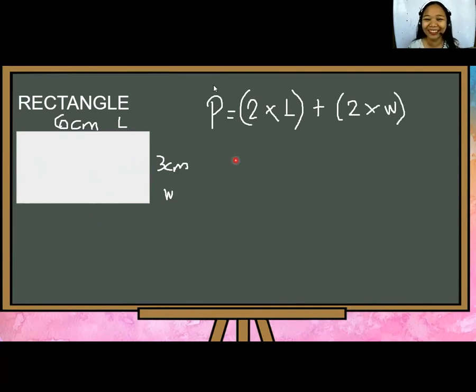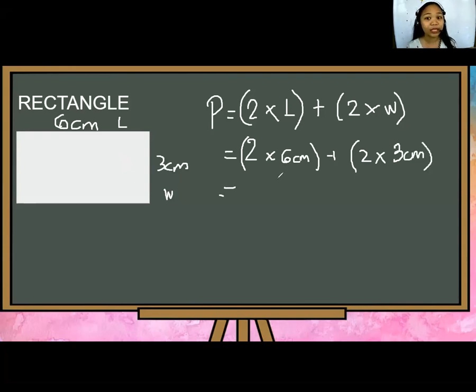Let's continue. So we have 2 times L or length. That is 2 times 6 centimeters, in parentheses. Next, 2 times our width, which is 3 centimeters. Now, we need to multiply first because they are inside the parentheses.